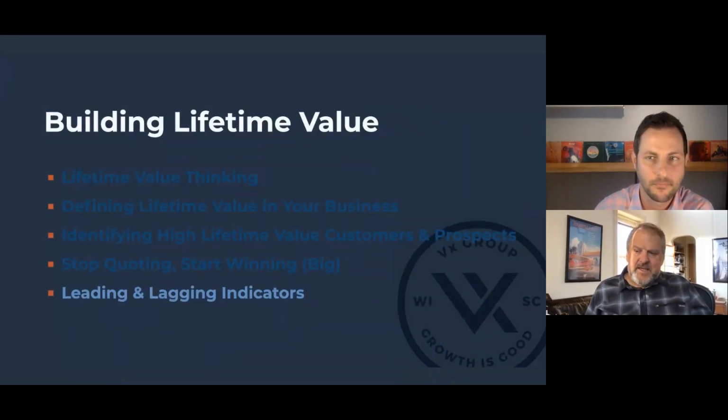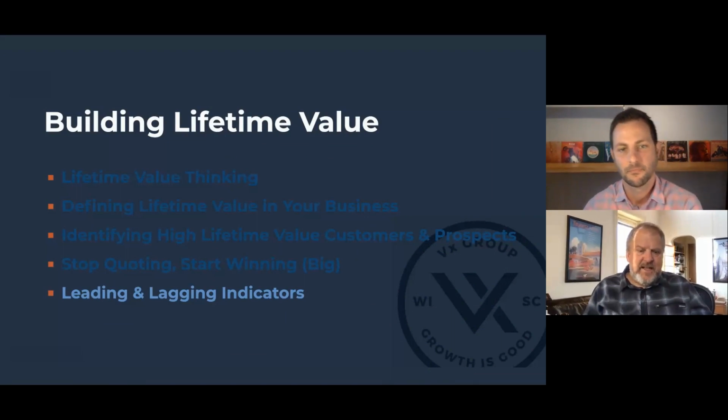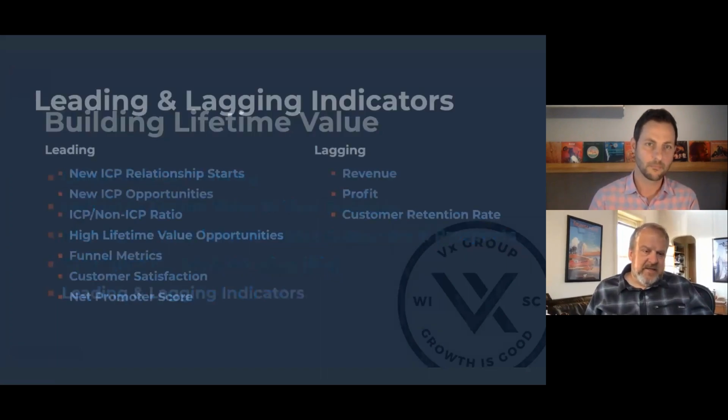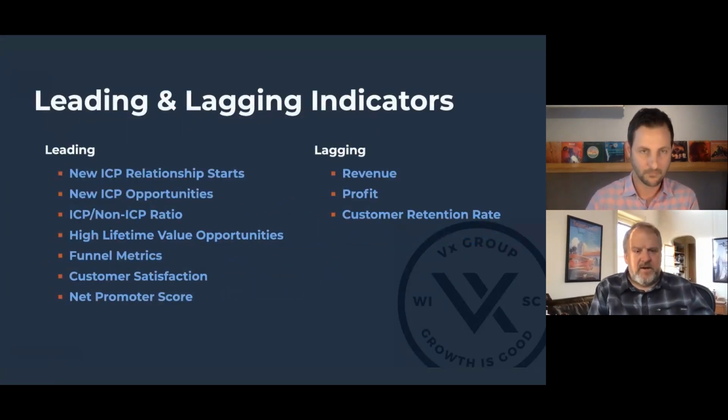And then lastly, just to touch on leading and lagging indicators, as we move down this lifetime value path, we want to make sure that we understand what impact it's having on our business. And I would hope that we've got a good understanding of leading and lagging indicators.